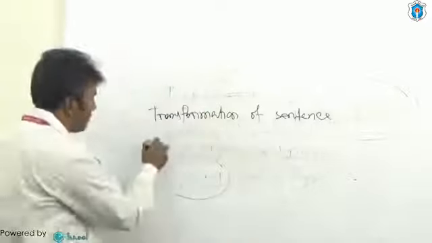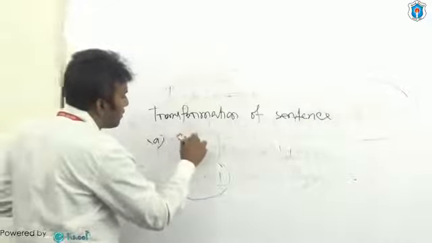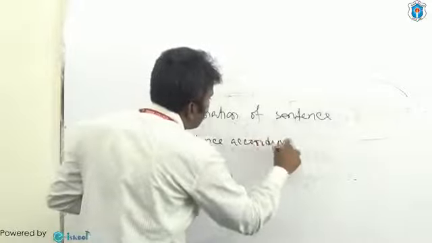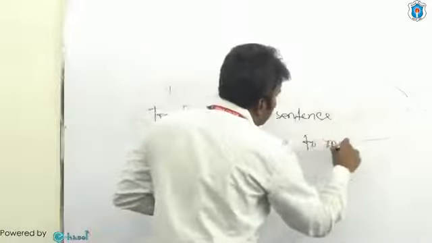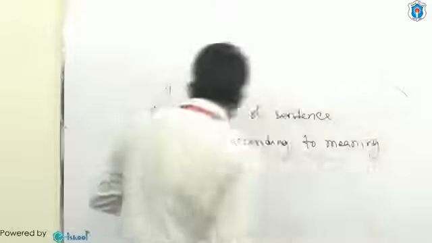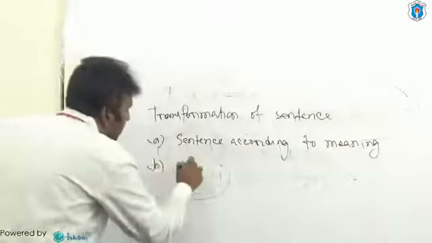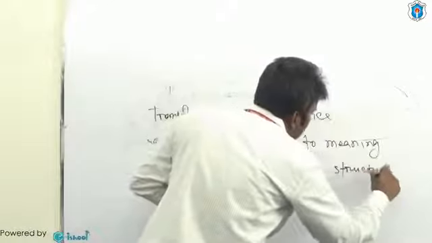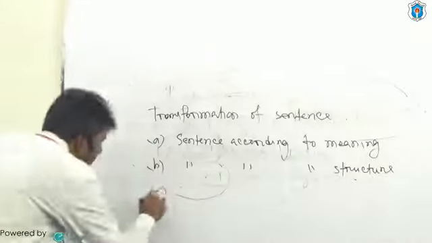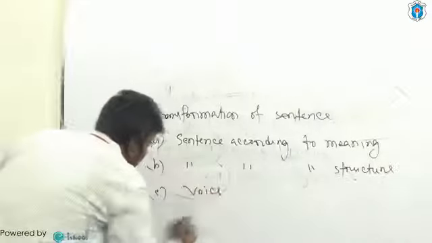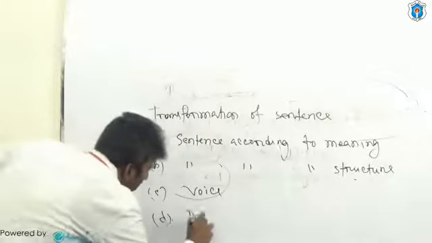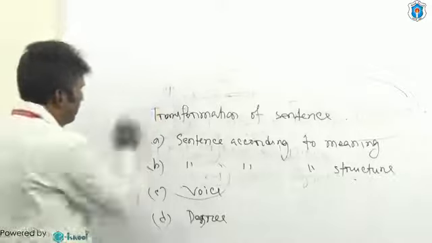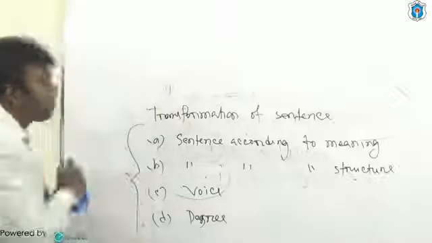Look at there, number 8: A, sentence according to meaning. B, sentence according to structure. C, voice. D, degree. Transformation of sentence covers these 4 grammatical items.